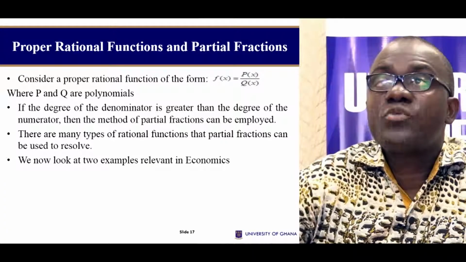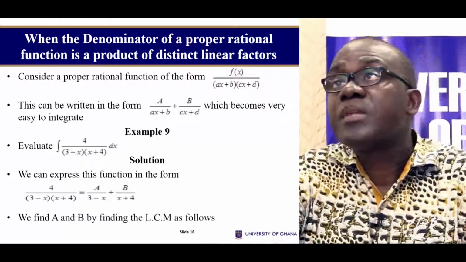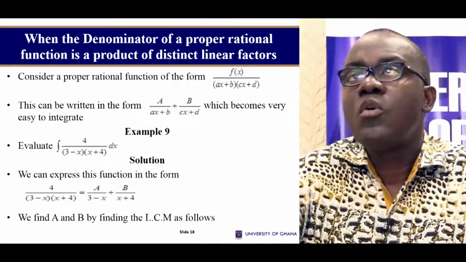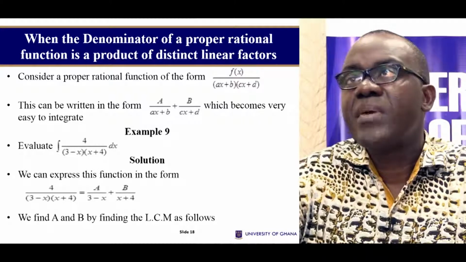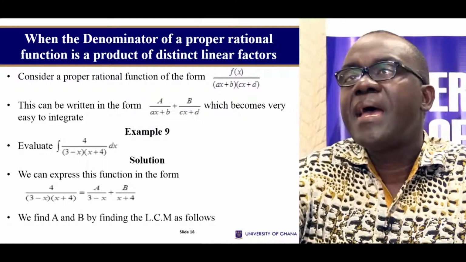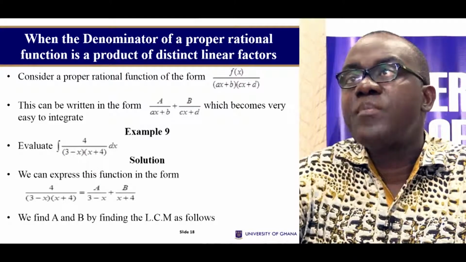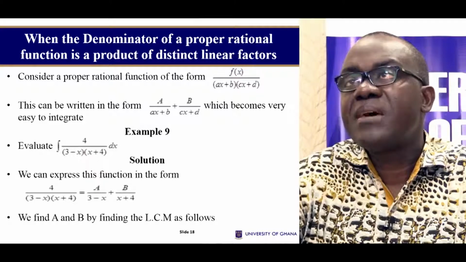And we will look at two examples, and then we will be able to understand it better. Look at this rational function that we have over here. In this rational function, we know that the denominators here are linear functions. So when you multiply, you get a quadratic.